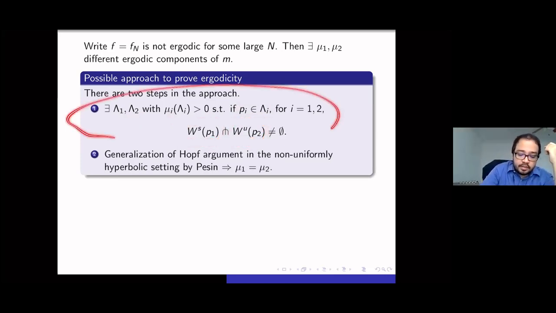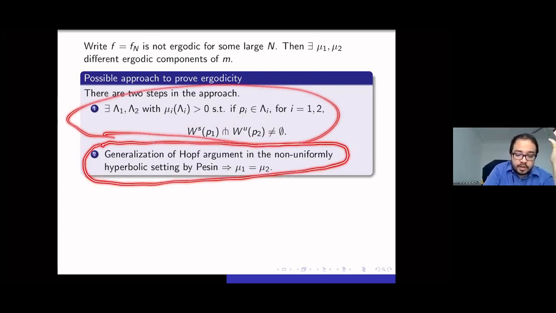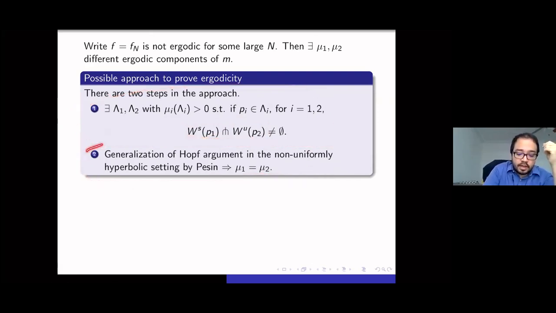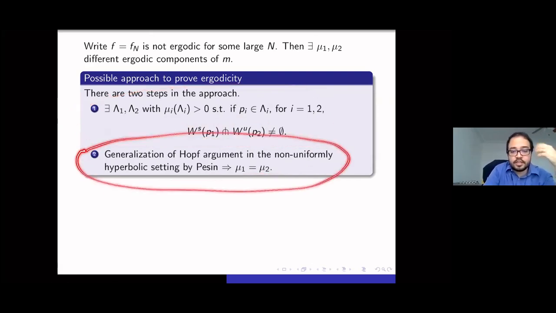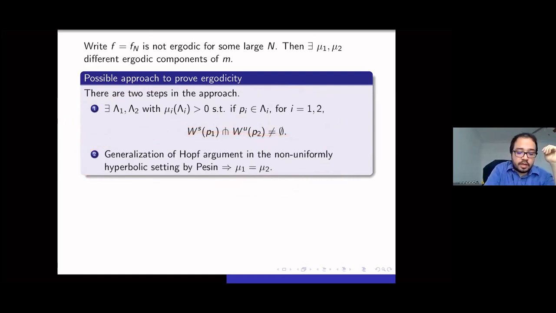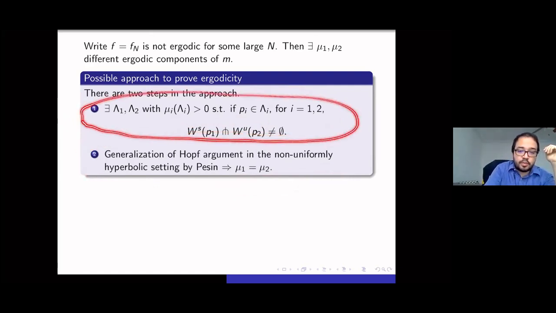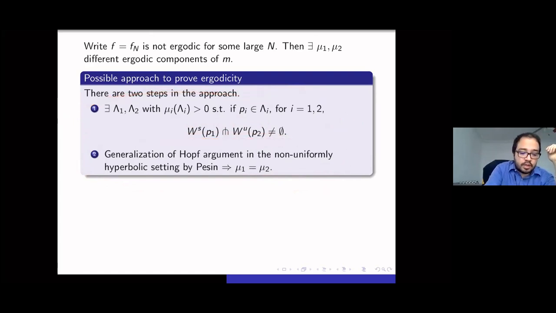If you have this thing, then from Pesin theory, Pesin's proof in his paper, you would actually get that mu 1 will have to be equal to mu 2. And the second part is actually just doing the same type of strategy of Hopf argument that I explained last time, using some Pesin blocks where you have some uniformity of certain things. But the hardest part here for this example would be to obtain the first one.